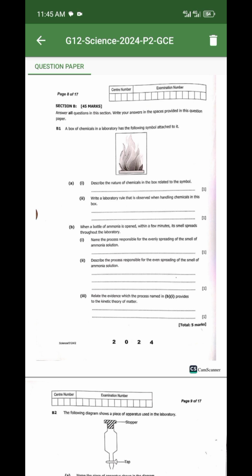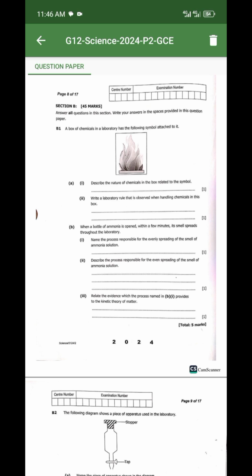So the symbol in this diagram represents a flame of fire, meaning the chemicals inside the box are highly flammable. Then there are certain precautions one has to consider when handling such chemicals.